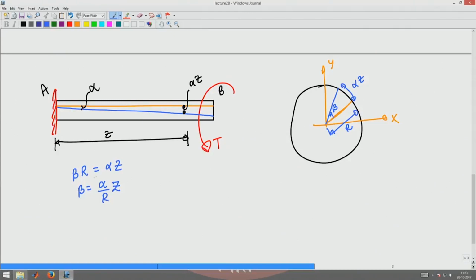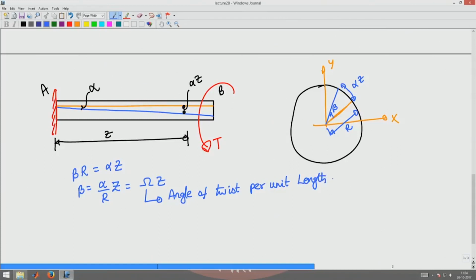This alpha by R we will replace with the symbol omega z, and this is called the angle of twist per unit length.